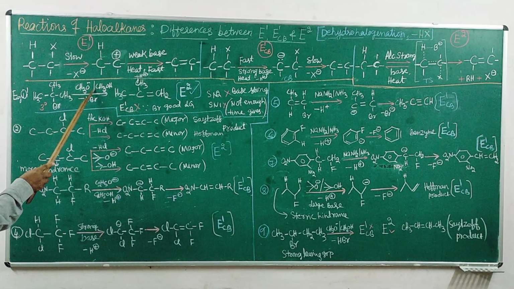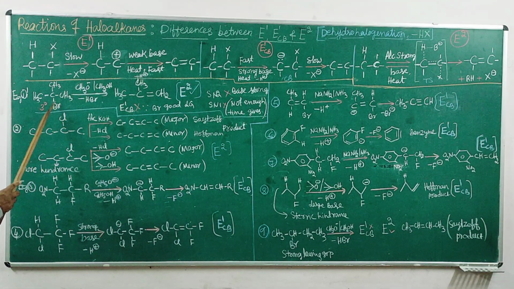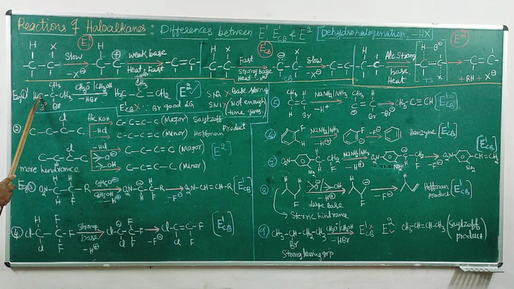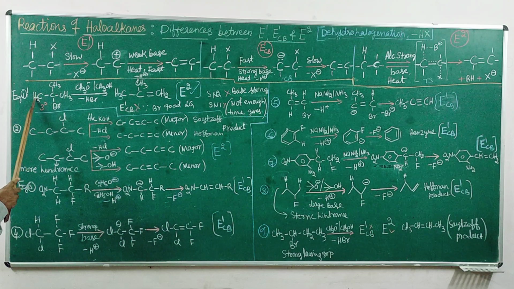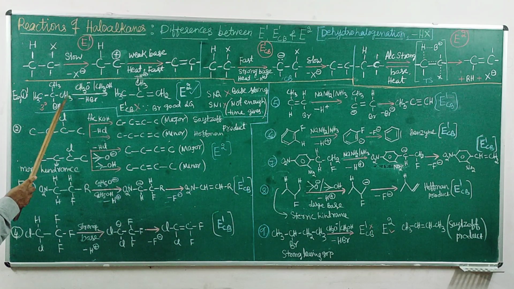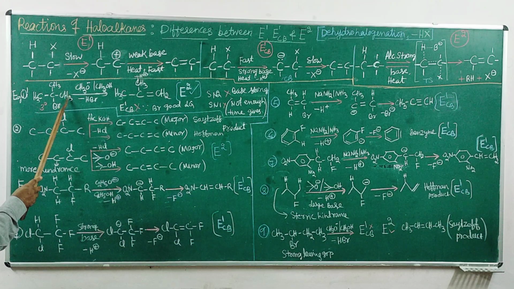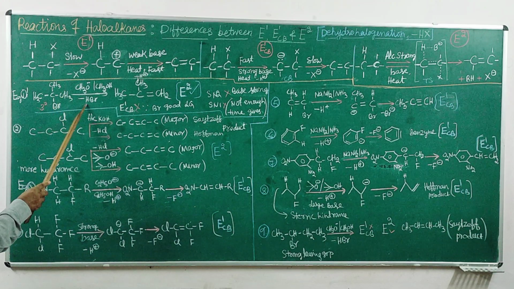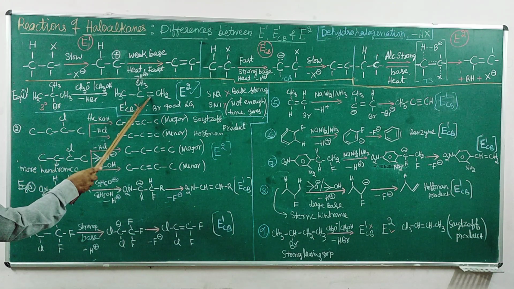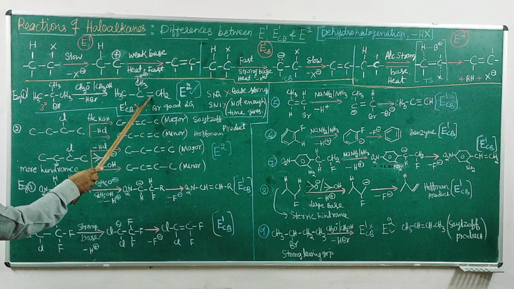So this base can act on what? Look at this, this carbon is the alpha carbon. There are three beta carbons, all adjacent, so all the hydrogens are the same. The base can attack any one of the hydrogens. Both are the same reaction. The hydrogen is removed along with HBr, and an alkene is formed.